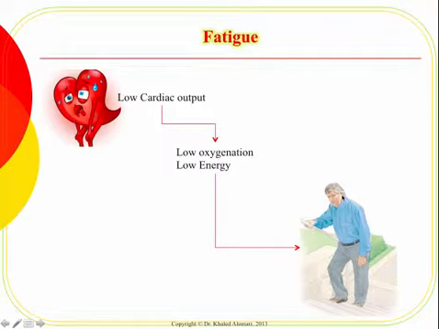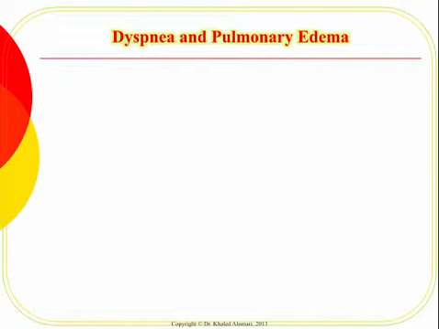And fatigue is subjective data, but the common description, for example, for this patient, they say they can't climb stairs, or they have to take a break every time they walk about a block. They need frequent breaks, and so on.